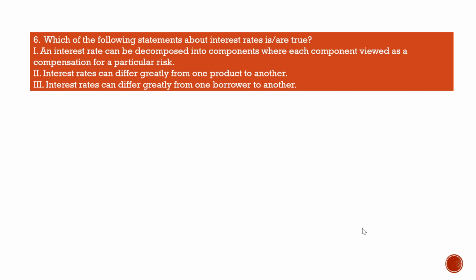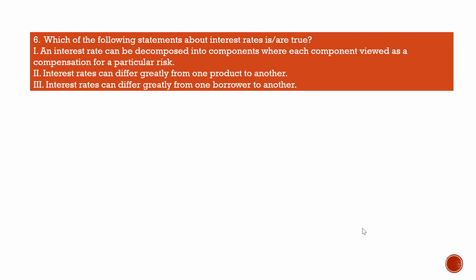The second statement, interest rates can differ greatly from one product to another. Yes, because from one product to another, not only the price of the product changes, the default rates also change. So the second statement is true.